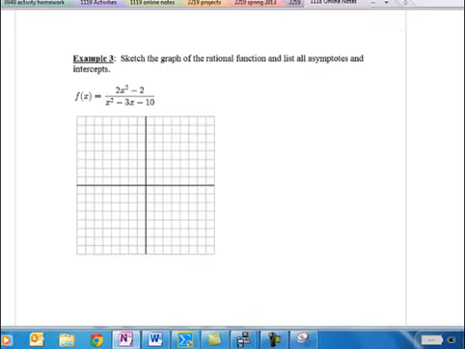Example 3, again, our goal is just sketch the graph of this thing, and we'd want to start by looking at the factored form. We can factor out a 2, and then we can factor that as a difference of squares, so x minus 1, x plus 1.